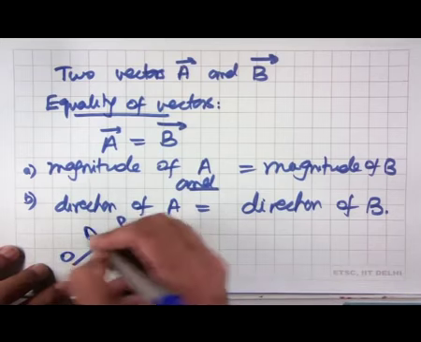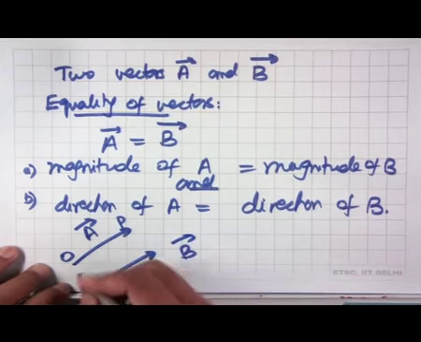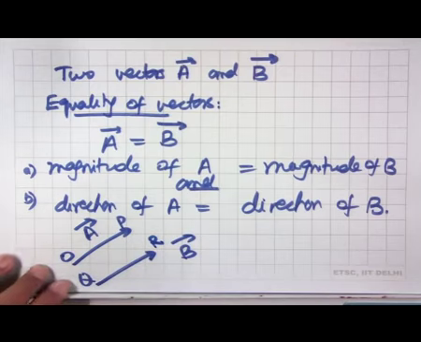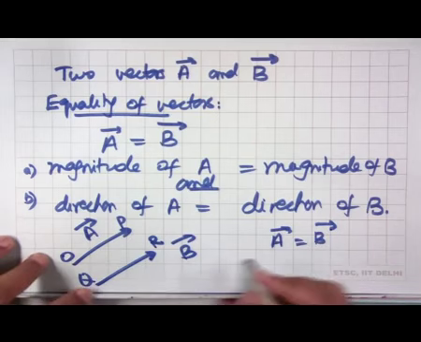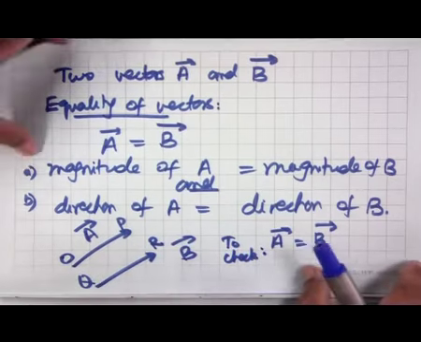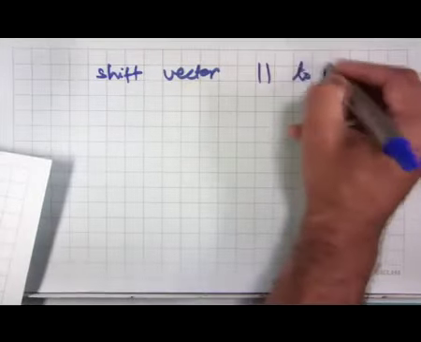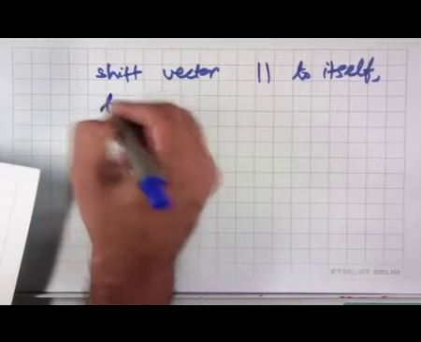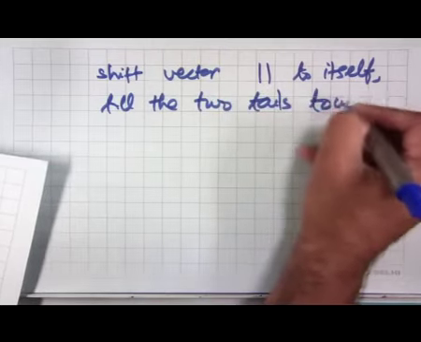So, to ensure this, suppose we have a vector A which we denote by OP, and another vector B which we denote by QR. Now, to check if A is equal to B, we shift either of the two vectors, A or B, parallel to itself, till the two tails touch each other.